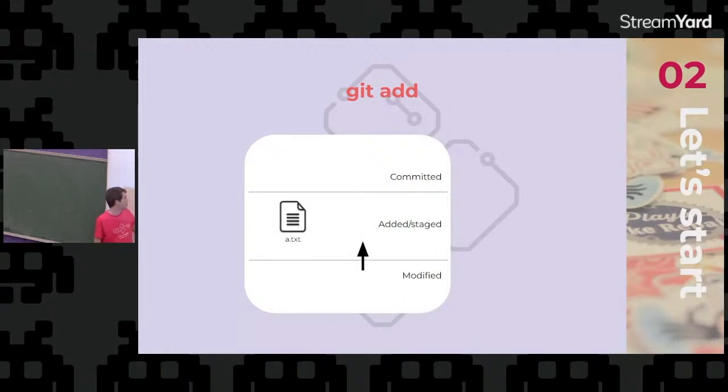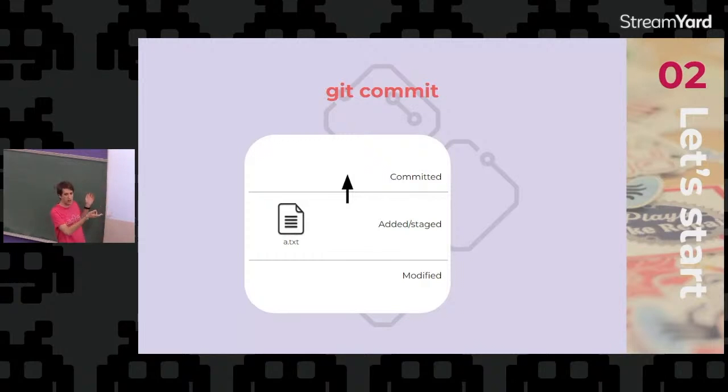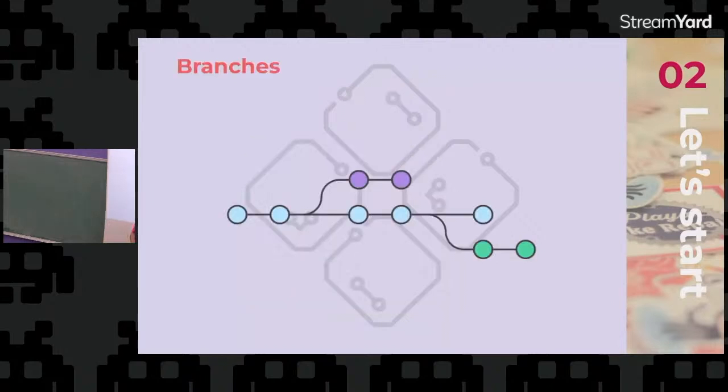So I will add it to the staged area, and then I will commit it. You can add -m and a message to the commit, and then it will be easier. Like git commit -m, my first commit, and you will have it. And then it's like the first version of your program. It will be the one with a.txt created.